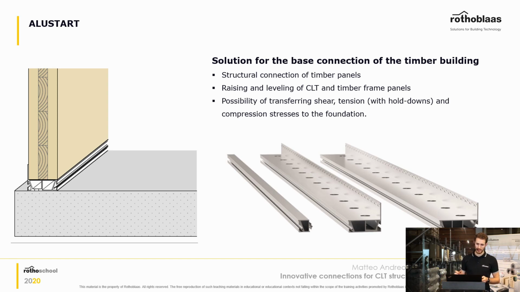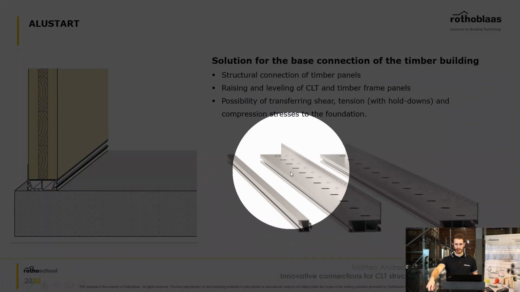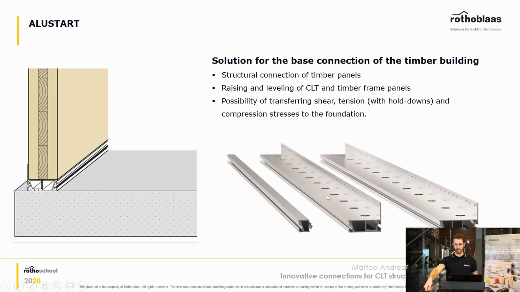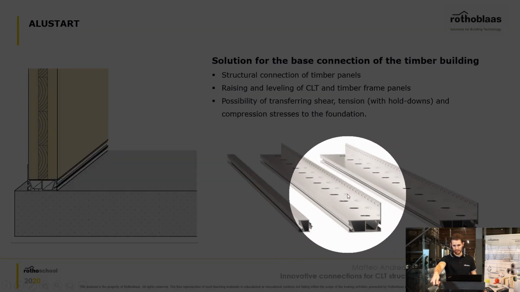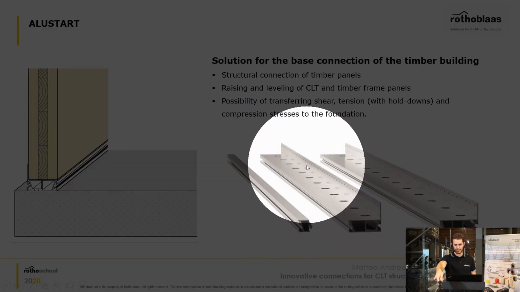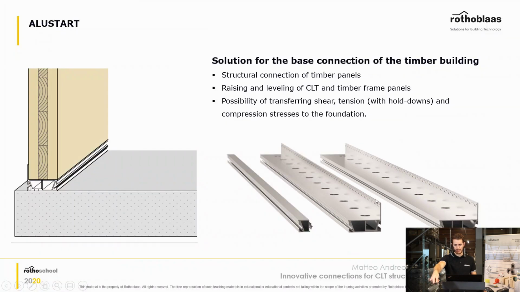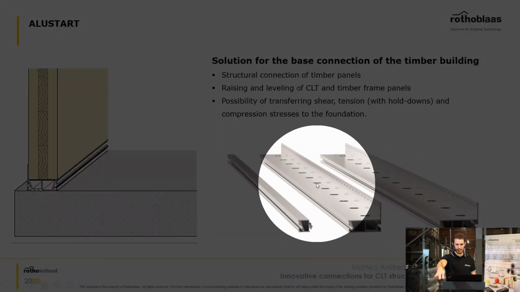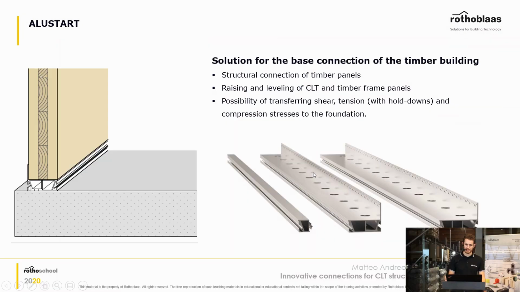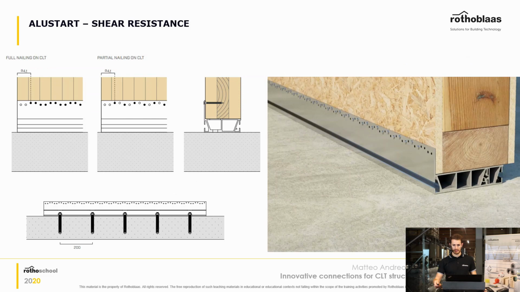So an improvement is this product here. This is called Alustart, for example, and it's an aluminum extrusion with some small holes on the side, right here, for nails, for shear forces, and bigger holes here, which are needed to attach this extruded plate to the concrete that you have on the bottom.